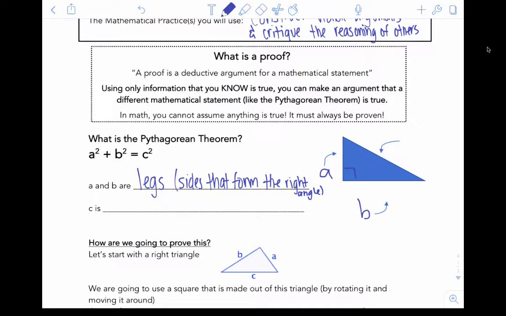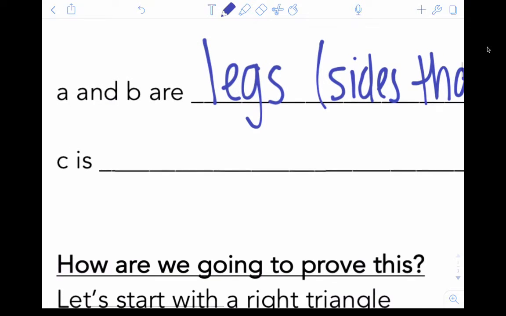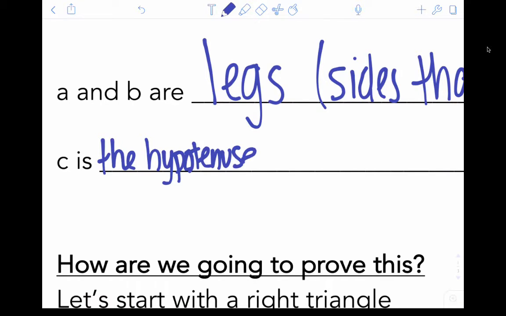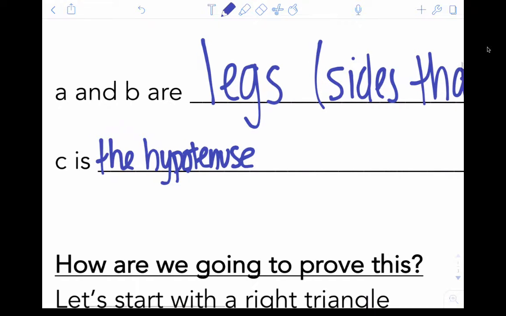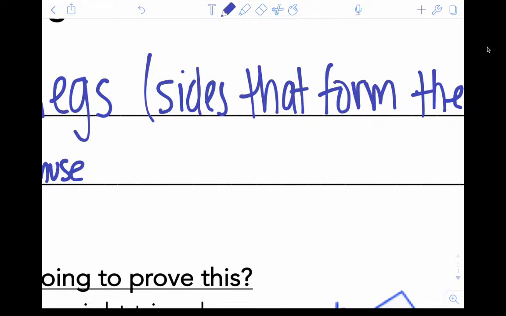The other side, on the opposite side of it, is C. C has a special name called the hypotenuse. The hypotenuse is the longer side.